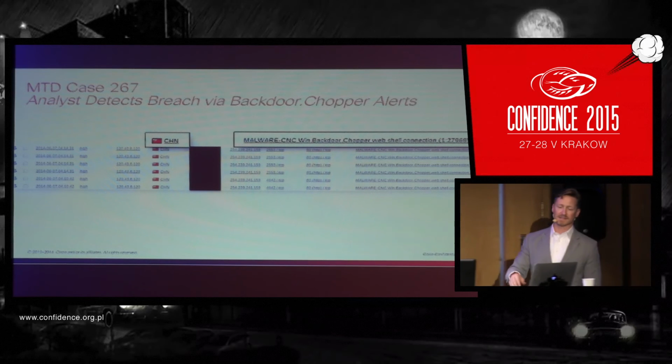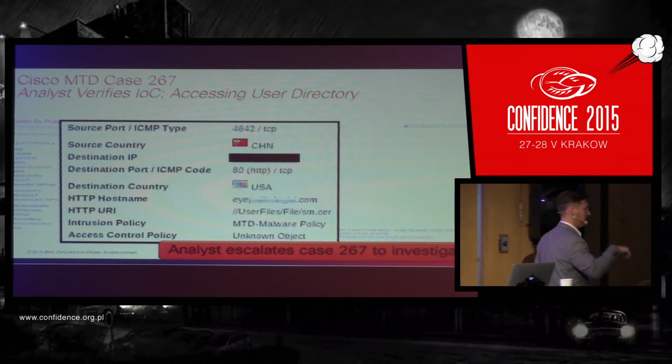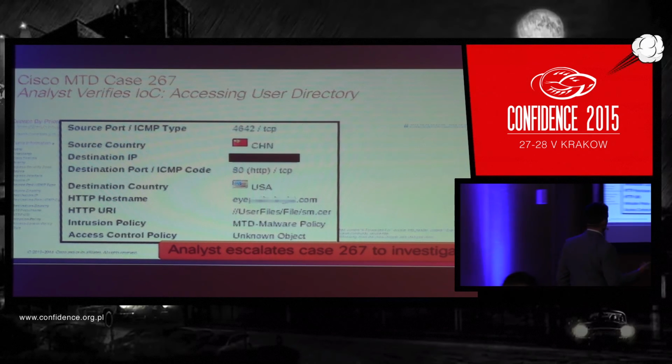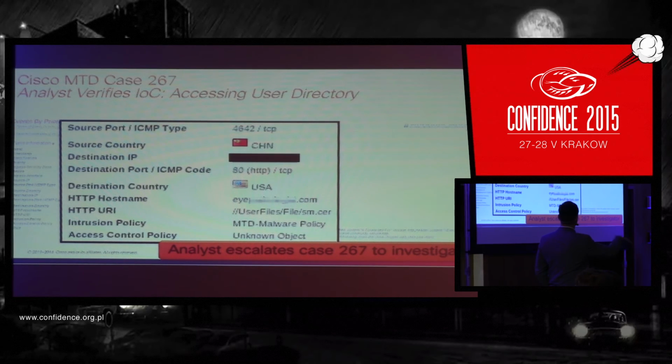So our analyst sees this and verifies the alert. Now, the analyst looked deeper into the alert and sees that what's happening is in the user file /file sm.cer, which is sort of deep in the bowels of the system. Definitely not something we should see someone accessing from the internet onto a web server, okay?